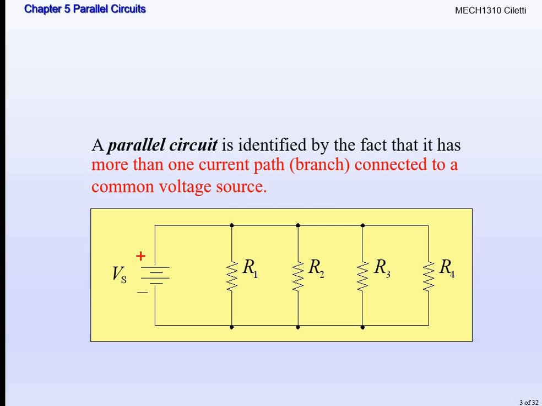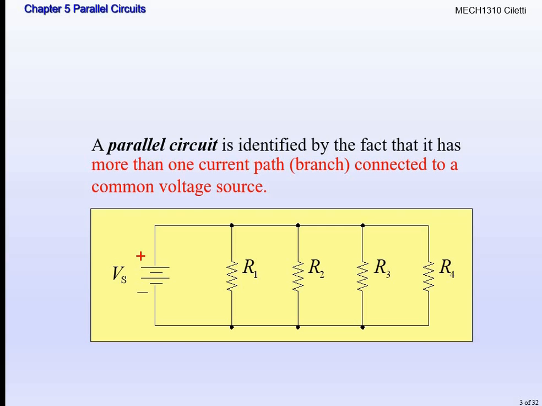What's different in parallel circuits is we have what we call branch currents, which means the current will go through each branch of the resistor. There's a current I1 that goes through R1, a current I2 that goes through R2, a current I3 that goes through R3, and a current I4 that goes through R4.